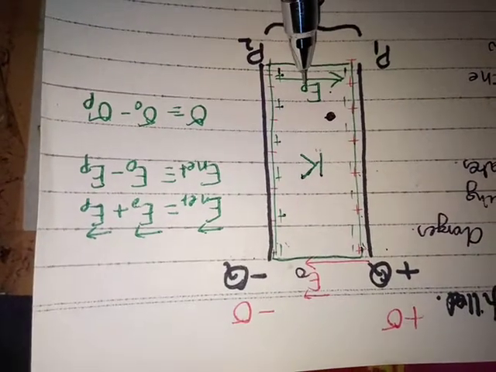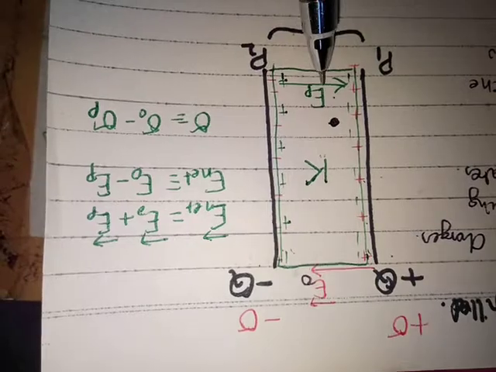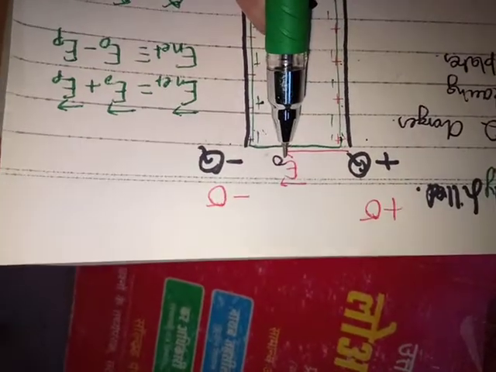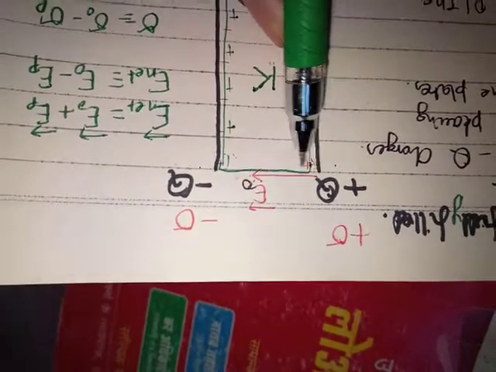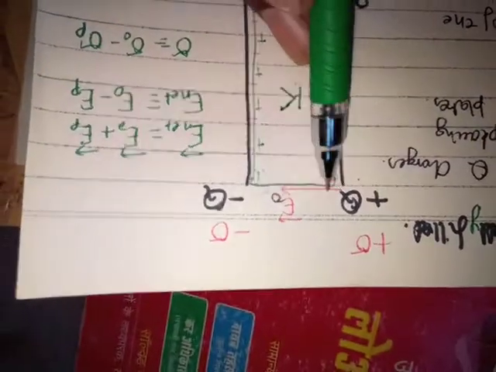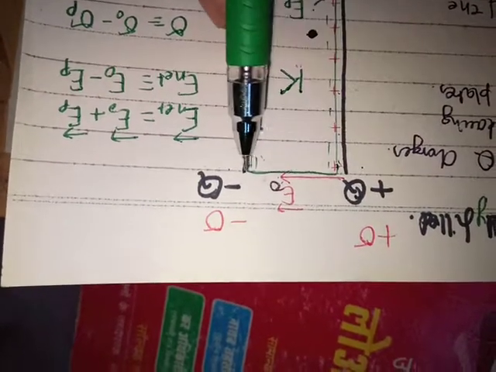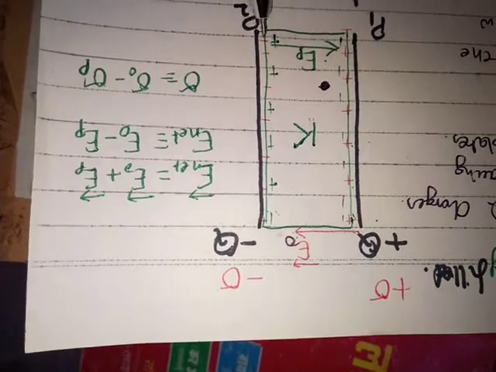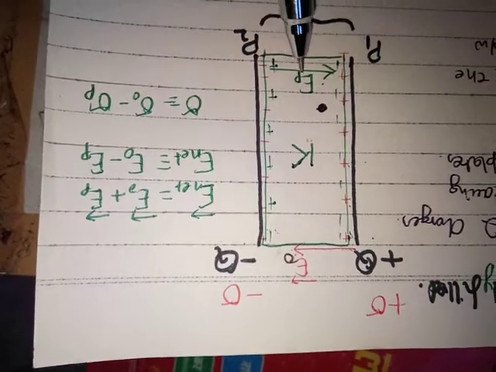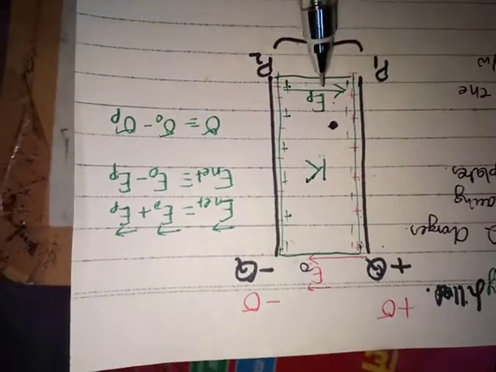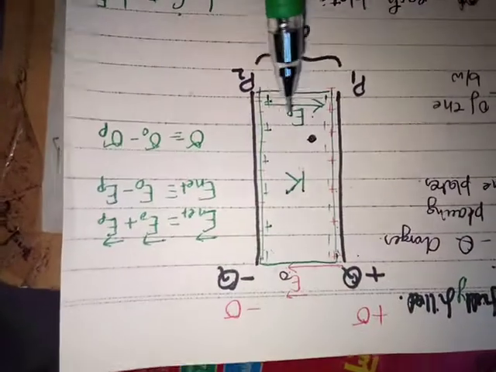EP denotes the polarized electric field, whose direction is opposite to the external or initial electric field. The initial field goes from the positive plate to the negative plate, and the polarized field is in the opposite direction.